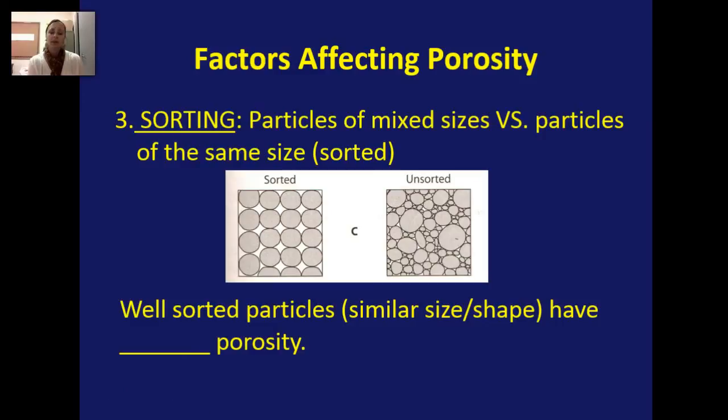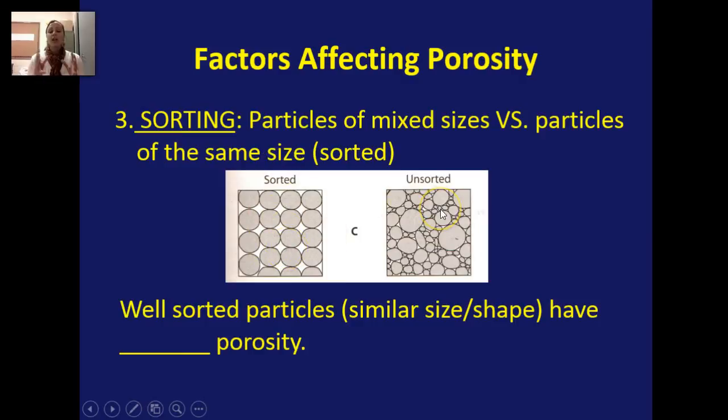We also have something called sorting in our earth and our materials, and this is what happens when we have some particles that get thrown together through various processes, and they can be sorted with similar shape objects and the same size objects, very neatly packed together. These are considered to be well sorted.